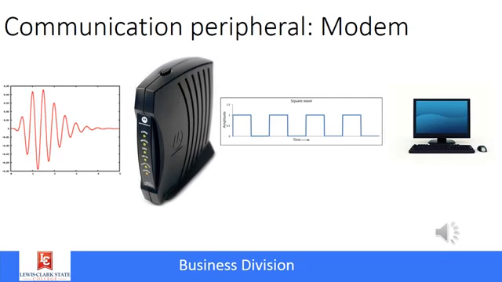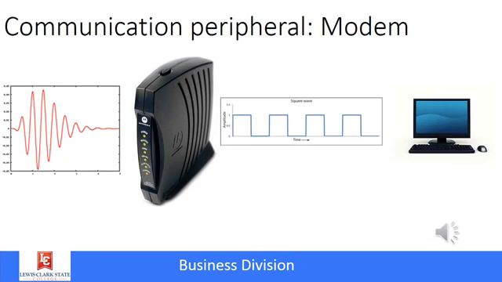Remember, we defined the Internet as essentially one big large computer network, and if you're actually going to connect your computer or your network to the Internet, you'll probably be using some sort of a modem. A modem stands for modulator demodulator, and don't worry too much about the technical aspects of this, but what a modem does is it converts signals from analog, which are the waves that you see on the left side of this picture, to digital.